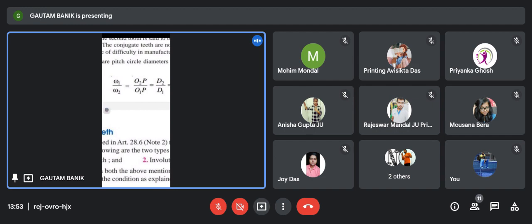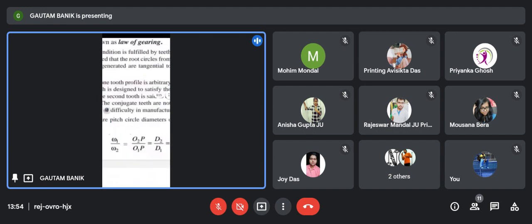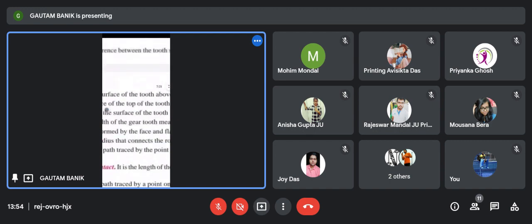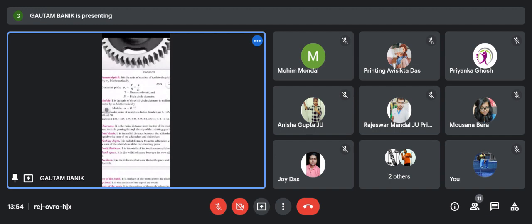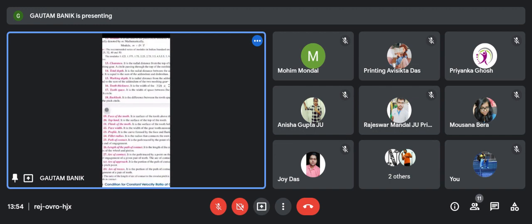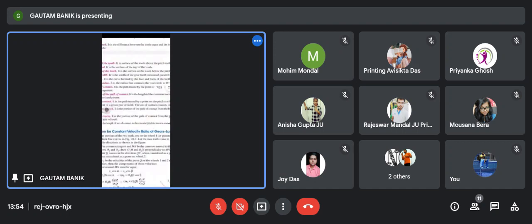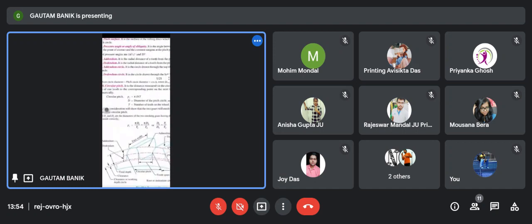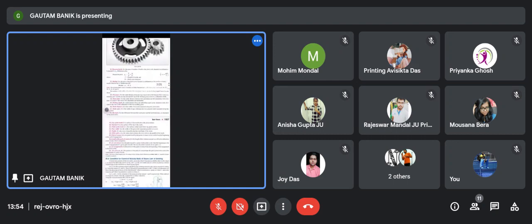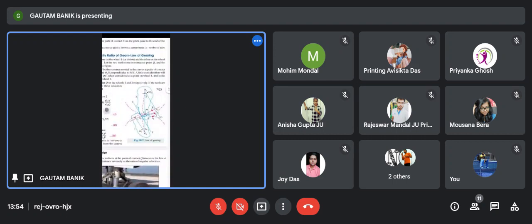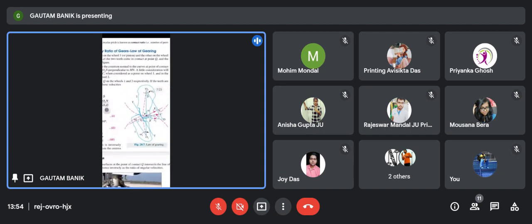These are the pitch circle diameters of the driver and follower.